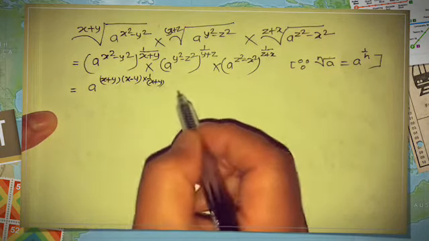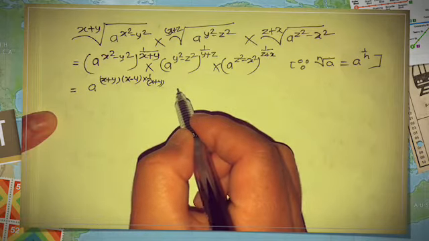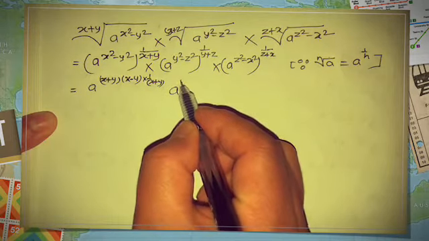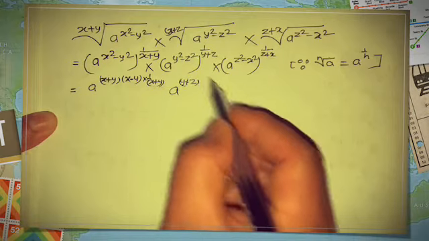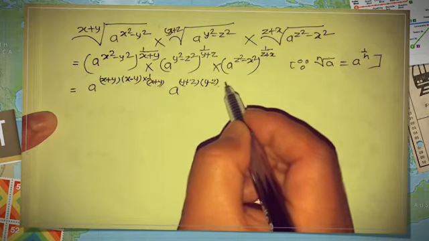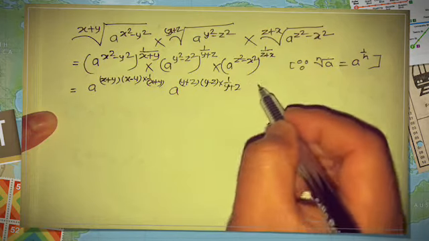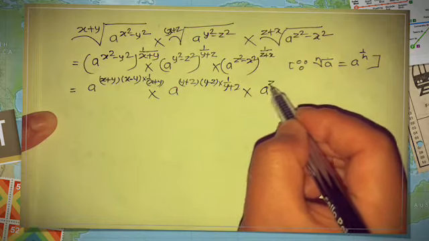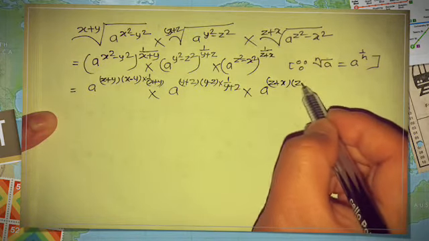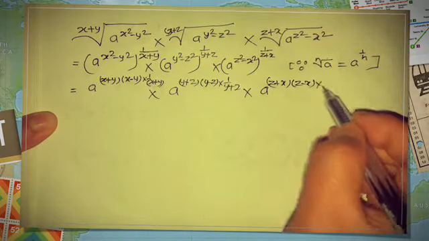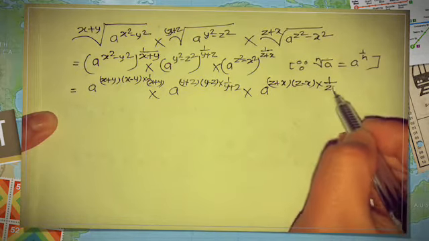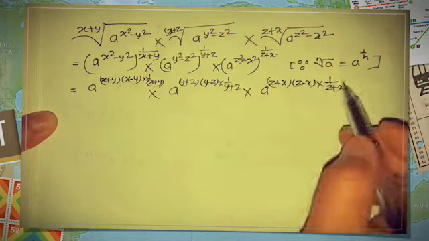So here also y plus z and y minus z by the formula, and this power we multiplied, and here z plus x, z minus x and z plus x, that power and power multiplied.